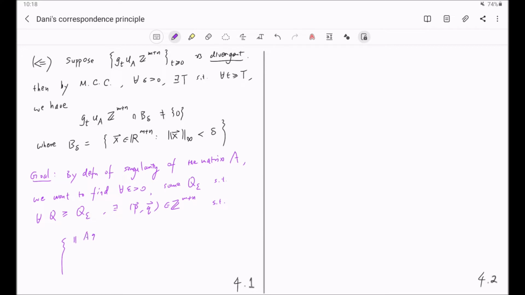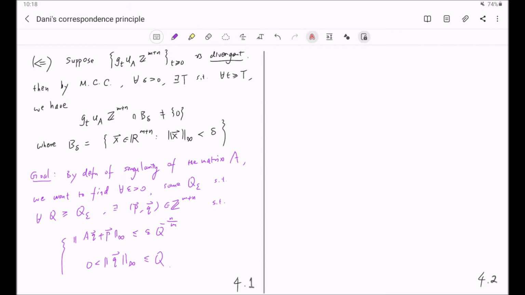First is the infinite norm of Aq plus p less than or equal to epsilon times q raised to the power negative n over m. And the second inequality is that the infinite norm of q is strictly greater than 0 and less than or equal to q.